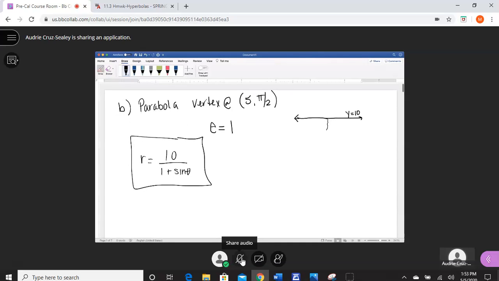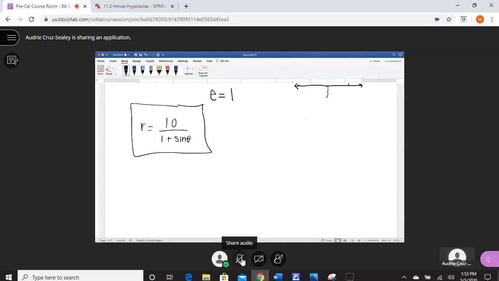So part C says, what does part C say? So we have an ellipse, okay? The eccentricity is 0.4, and we have a vertex at 2, 0. So if I were to draw what they gave me, I know that I have a focus here, and then at 2, 0, I'm going to have a vertex.